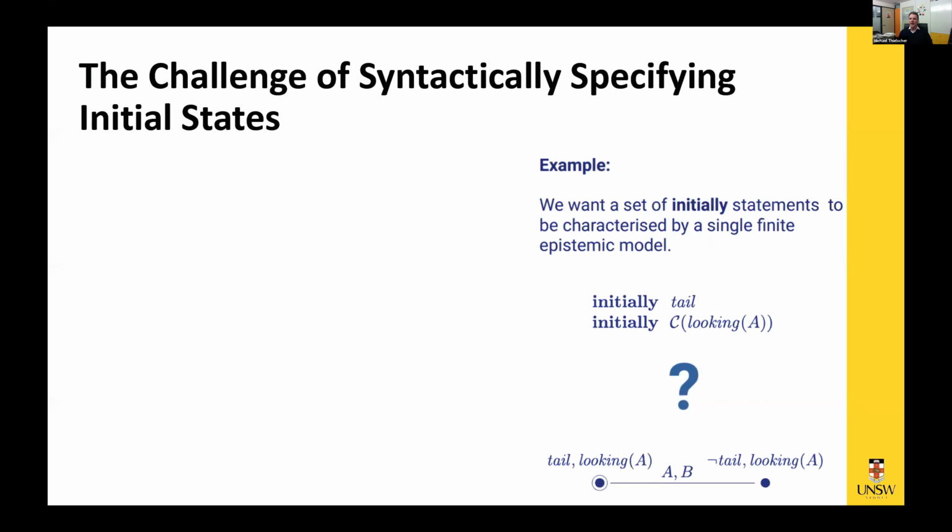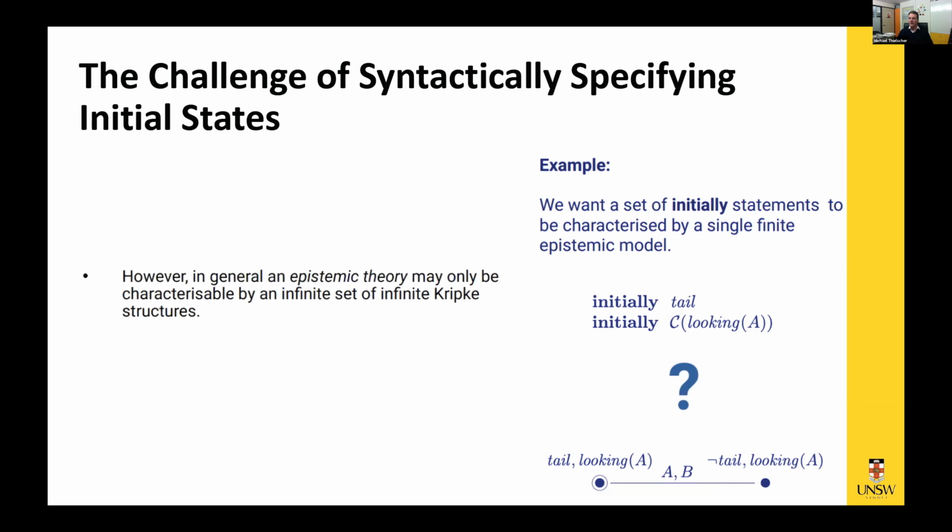Then we wanted to combine this initial state representation language in such a way that when we want to reason about the effects of actions, we can resort to reasoning with just one single epistemic model. And that proved to be a challenge that Burrell et al. have also looked at earlier. In general, when we have a collection of epistemic formulae like these, we can have infinitely many infinite models.